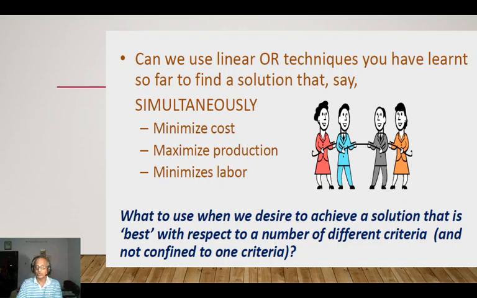So what to use when you desire to achieve a solution that is best with respect to a number of different criteria, as mentioned above: minimization of cost, maximization of production, and minimization of labor.